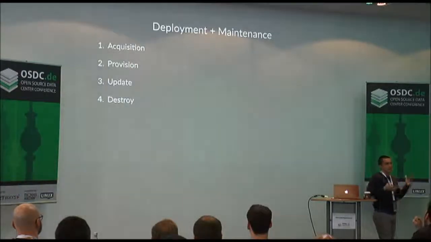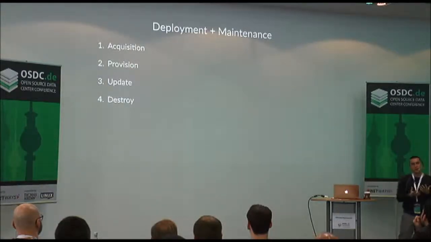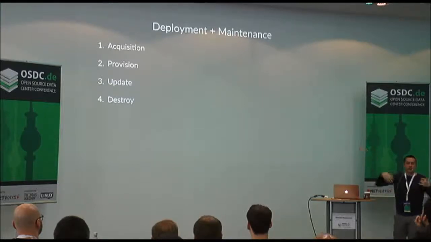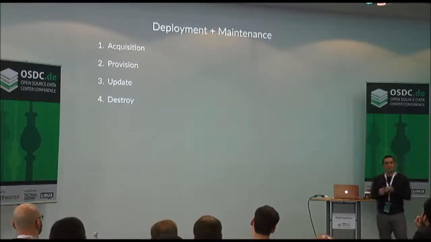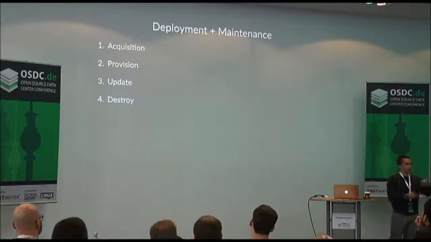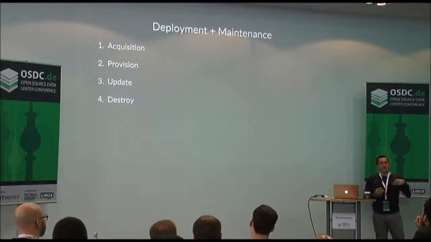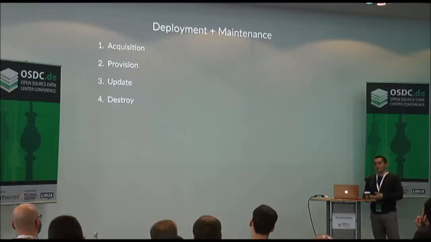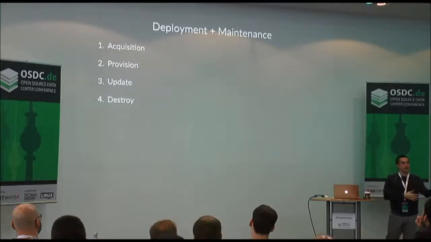Deployment and maintenance is, at its most fundamental level, four steps. There's the acquisition step, the provision step, the update step, and the destroy step. Acquisition is getting the hardware that it's going to run on. Provision is making it ready to run my application and putting it on there. Update is incremental updates of an application, and destroy is decommissioning the whole thing.